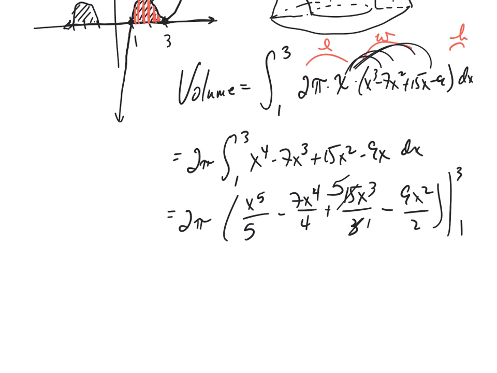But otherwise, we're just going to be stuck working with some ugly fractions. Again, I'll just factor the 2 pi out front. Now everywhere I see an x, I've got to put in a 3.